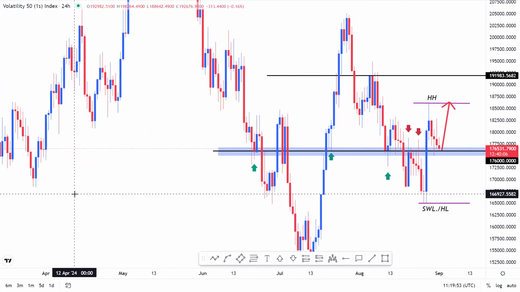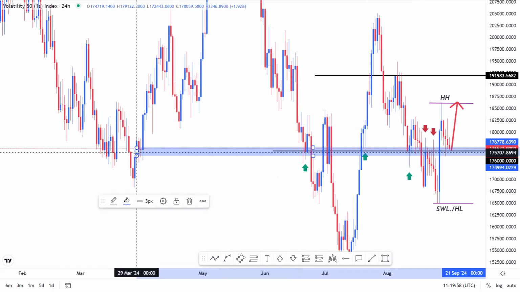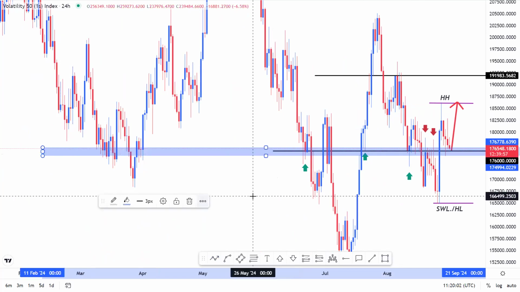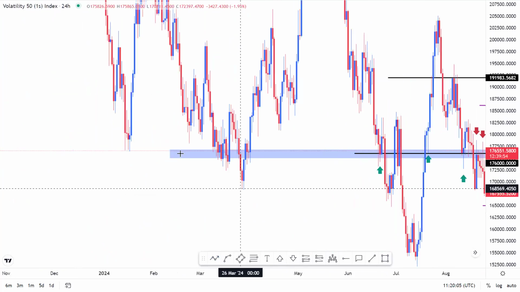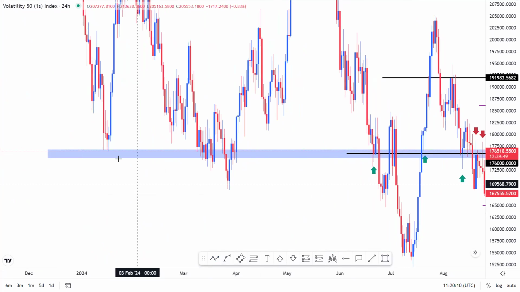Now, guys, even if we tend to move the charts much further behind, you can see that I'm not making this up. By extending my rectangle a bit further to the left, you can see this keeps repeating itself.